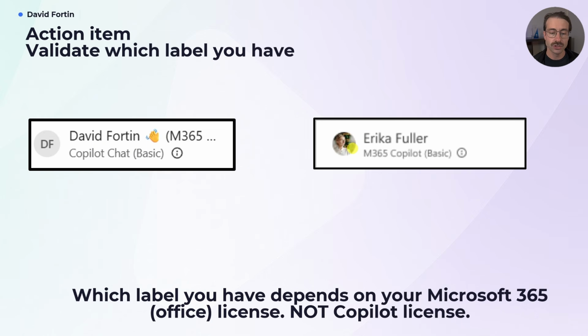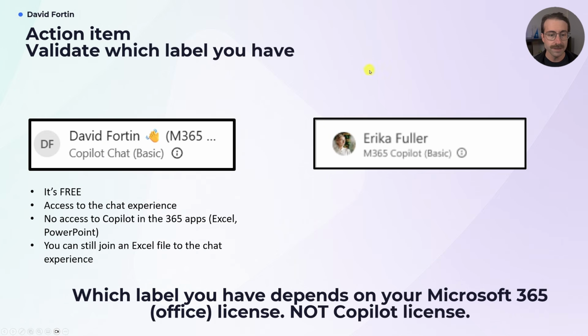And this is how it works currently. And which label you have will depend on your Microsoft 365 Office license, not your Copilot license, right? So depending on how big your organization is, you will be attributed a different license, but don't worry, I got you covered on what you can do in which label, okay?